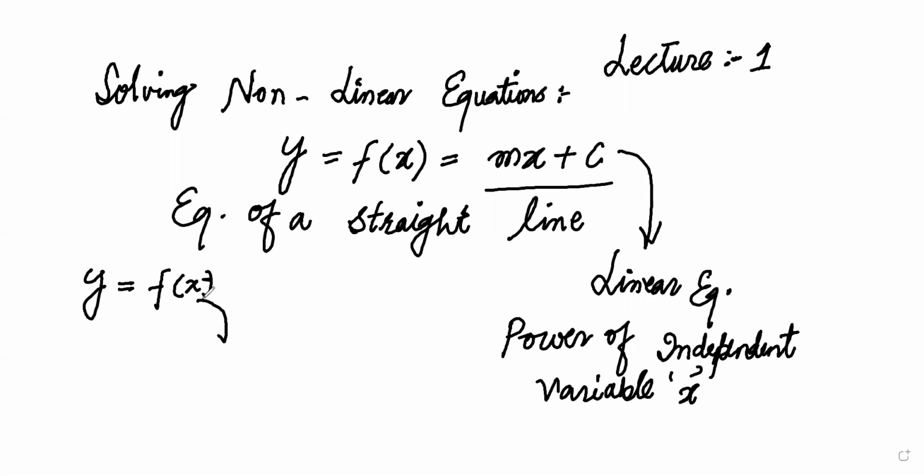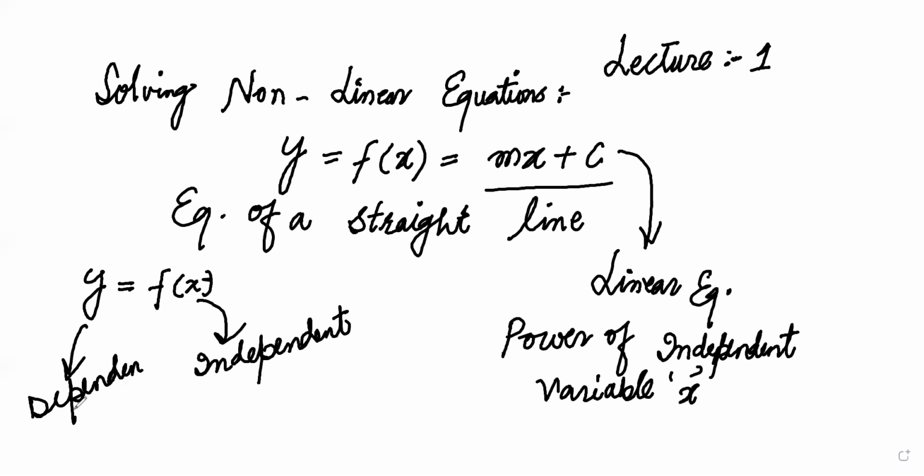Okay, when we say y is a function of x, we call x the independent variable, and y the dependent variable. Now if the equation between y and x is of the form mx plus c, then we say that this is the equation of a straight line, and a linear equation.